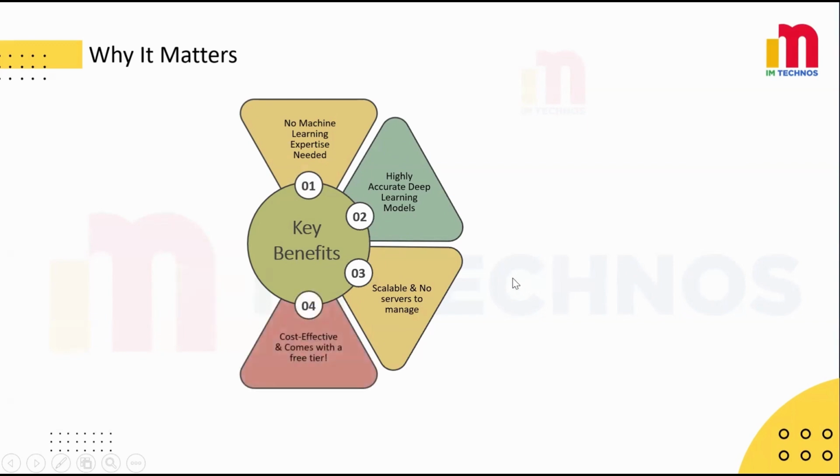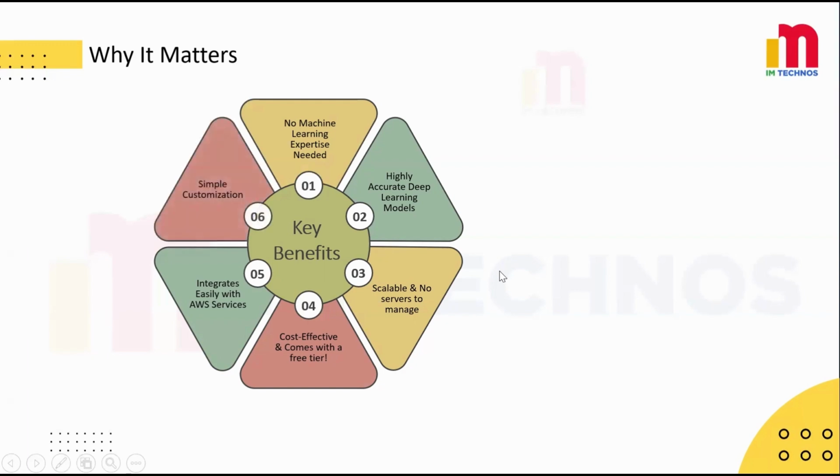You pay only for what you use. That makes it accessible even for small projects or startups. Plus, it comes with a free tier so you can experiment without spending anything. And Rekognition fits effortlessly into the AWS ecosystem. It works smoothly with S3 for storage, Lambda for automation, IAM for security, and many more services, making it easy to build complete end-to-end solutions. And if your business needs are unique, Rekognition is flexible.